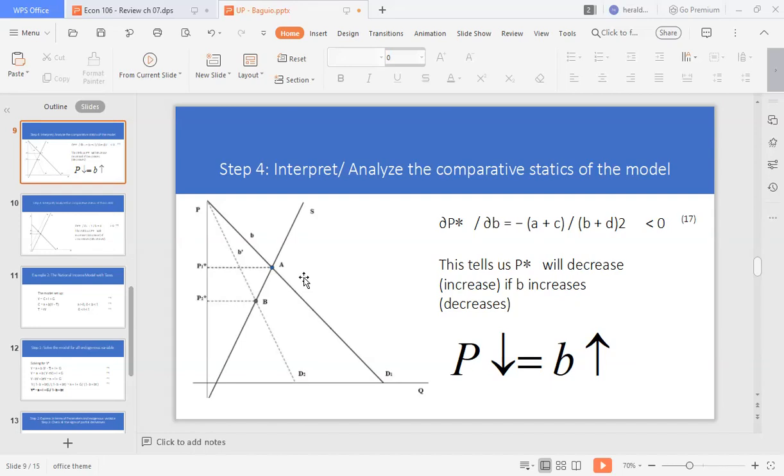It is consistent with the idea that we mentioned earlier that P star and B move in different directions. If there is an increase in B, the equilibrium price would fall. So technically, class, if B gets bigger, P gets smaller, and vice versa. The idea really is that they move in different directions.